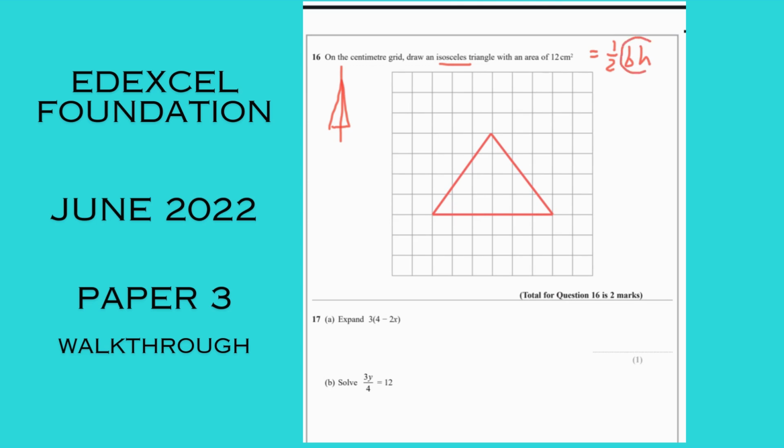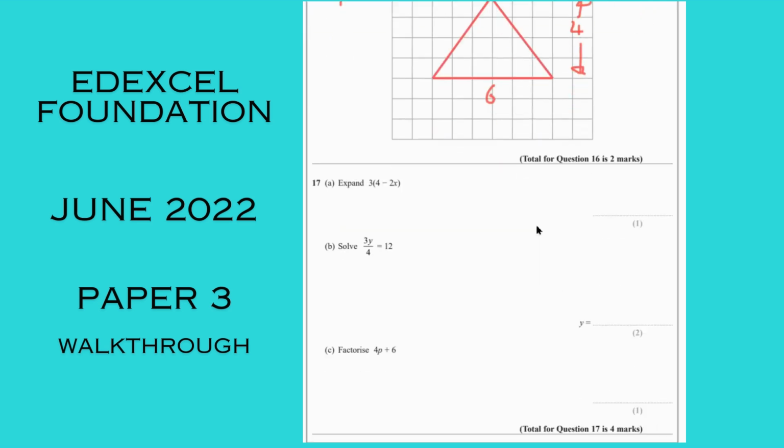So as long as the base and the height multiply to make 24, it's a correct triangle. So I've gone for a base of 6, a height of 4, and so mine is a half of 6 times 4, which is the 12. You could have a long, thin, tall one, or a wider one than mine, entirely up to you.